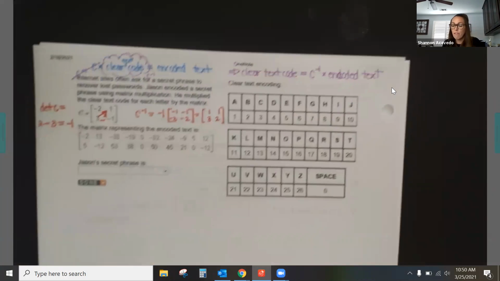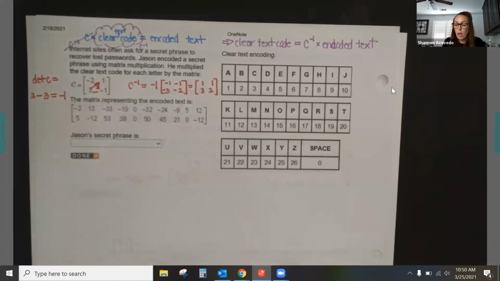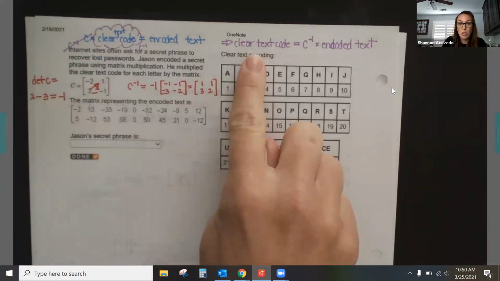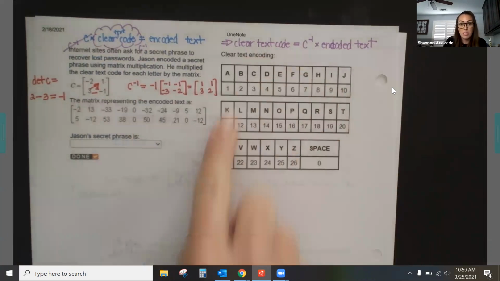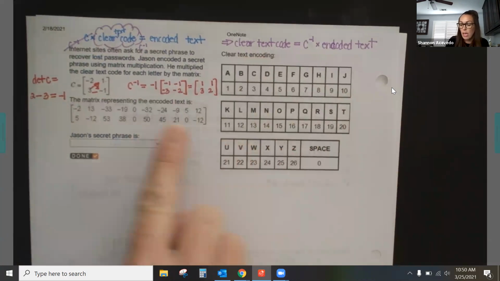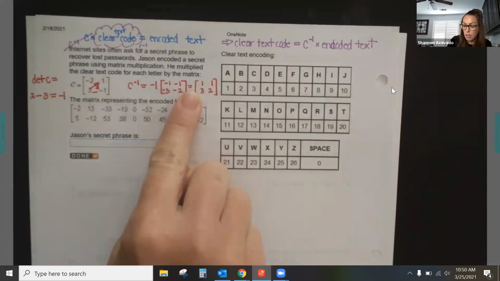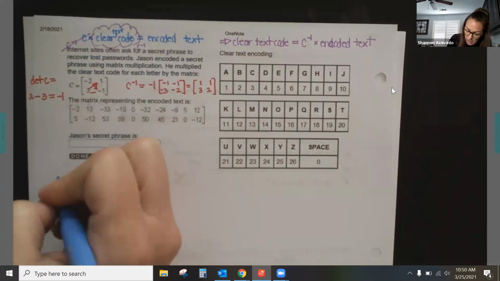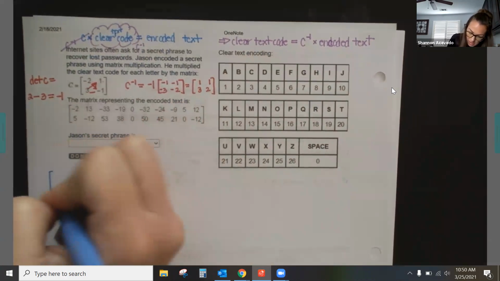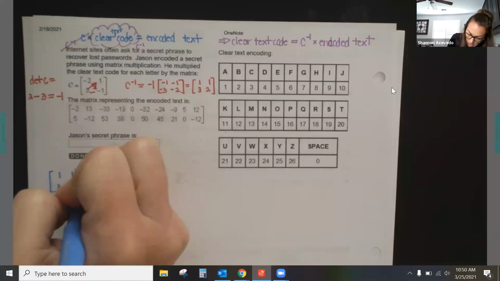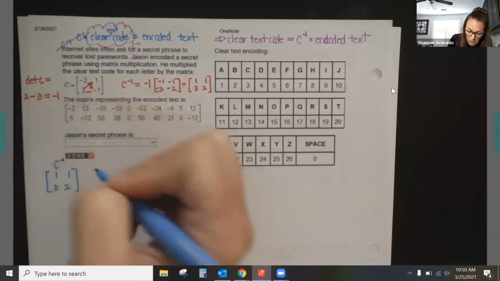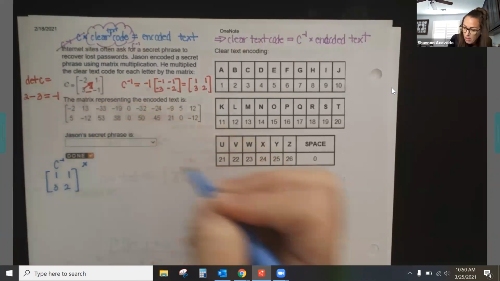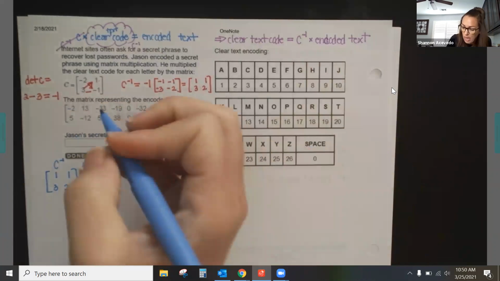So if I want to figure out now what the clear text code is so I can figure out what the message is saying, I need to multiply my inverse, 1, 1, 3, 2, by the encoded text.